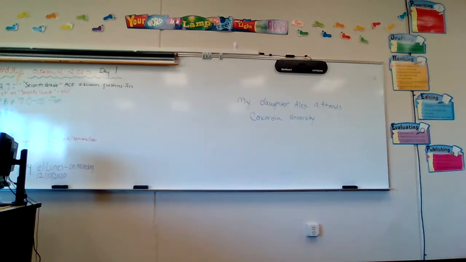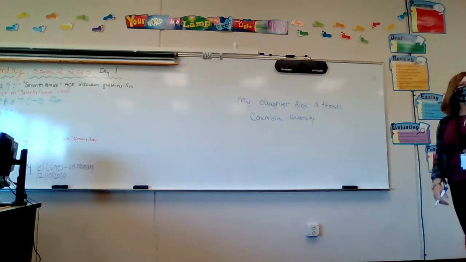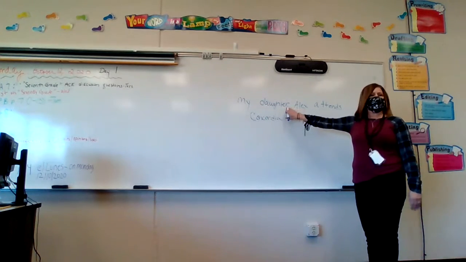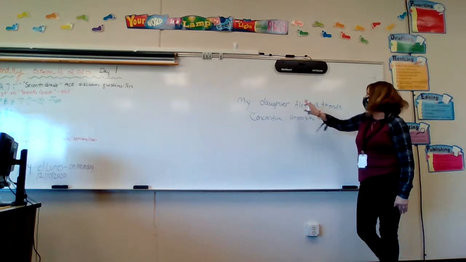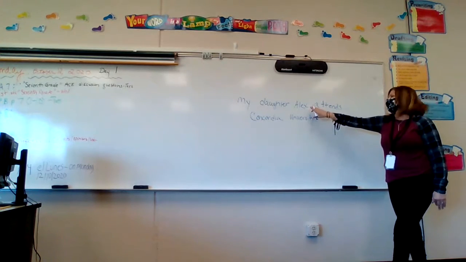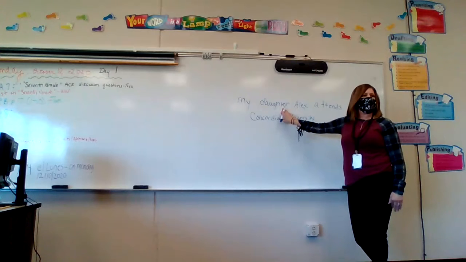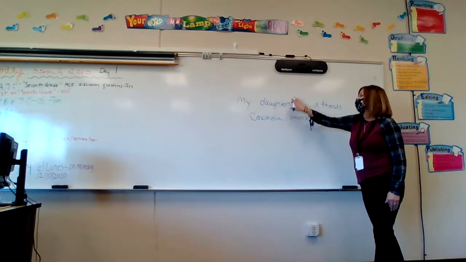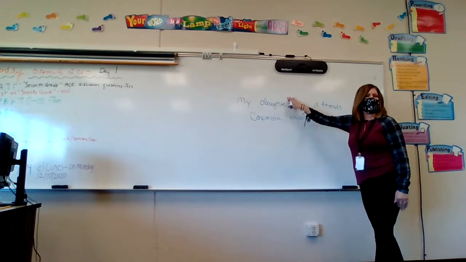So, it says, an appositive is a word that follows a noun and helps identify it. So a noun is a person, place, or thing. My daughter is a noun, right? Alex, does Alex help identify daughter? Yeah, it comes right after the noun it's identifying.